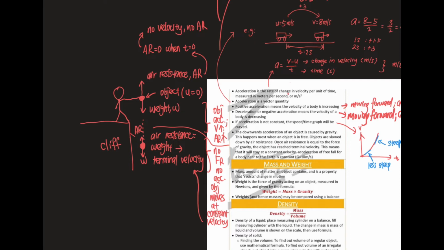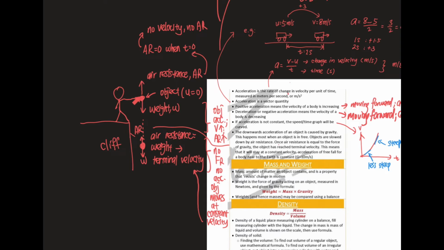Now you see, at the beginning, you are holding the object. The object is stationary. You release your hand, the object starts to fall down. At the point when you just release your hand, what force is acting on the object?